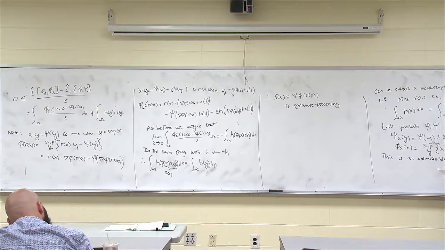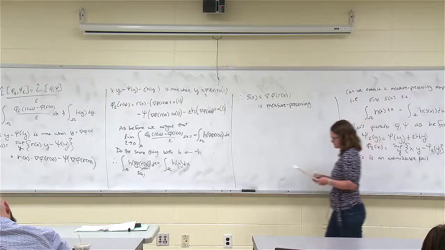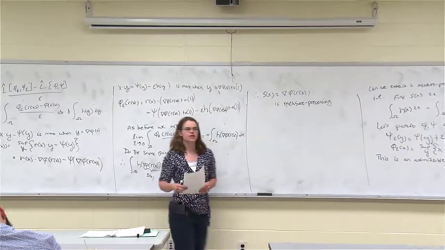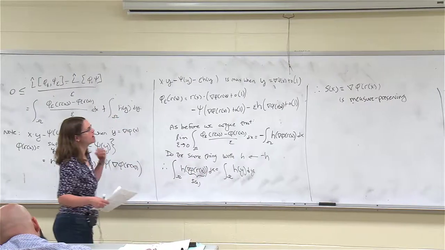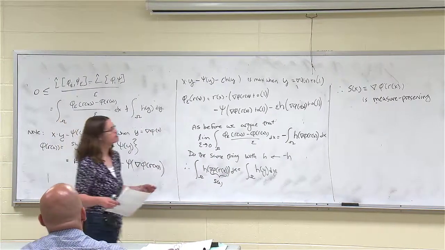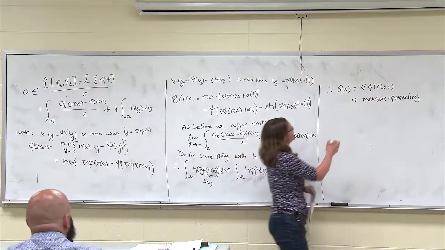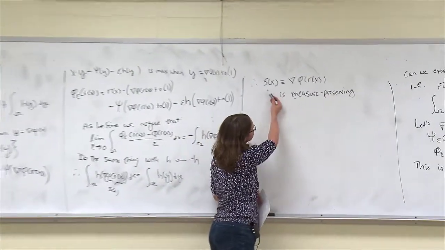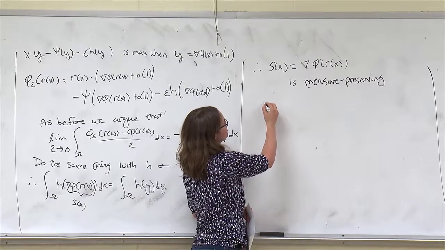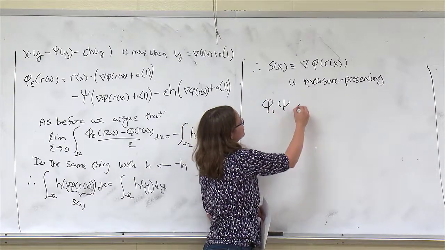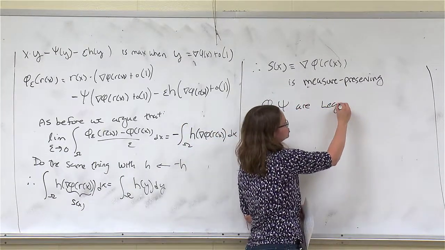Okay, so we've got this nice mapping. And then we can use the fact that we're really trying to factor R here. But factoring R kind of pops right out of this. So now we wanted to factor R. We have this relationship between S and R. We also know that phi and psi are Legendre duals.